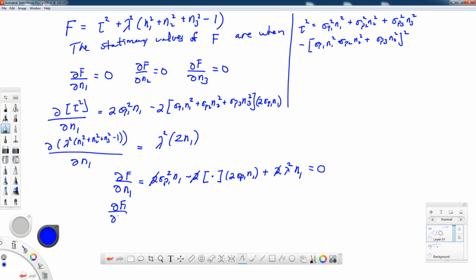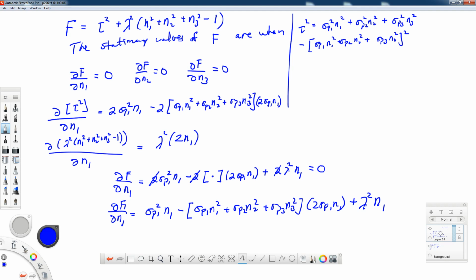So we have an equation that looks like this: sigma p1 squared n1 minus the term in the bracket, I'll write it out this time, times 2 sigma p1 n1, plus lambda squared n1.